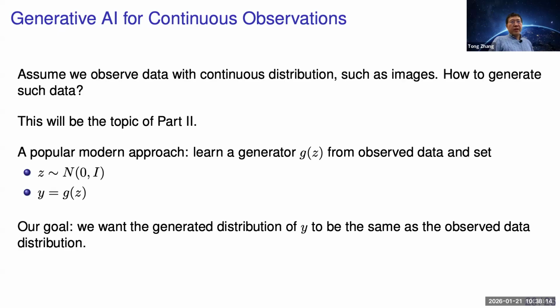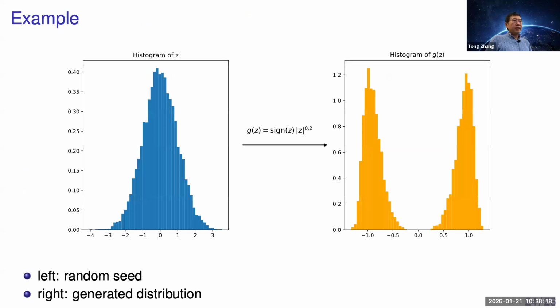This is one example, a simple one-dimensional example about this G. The left-hand side is a Gaussian. Basically, this is what you know how to sample from. The right-hand side is maybe your target distribution. In this case, I specifically make it multimodal, with 2 different shapes.